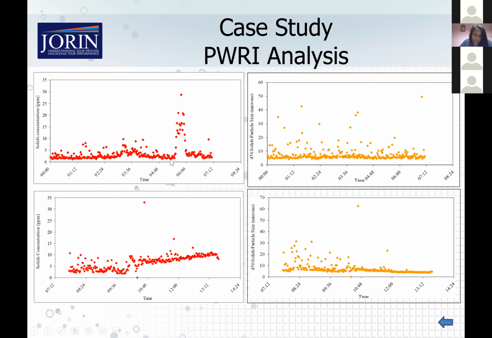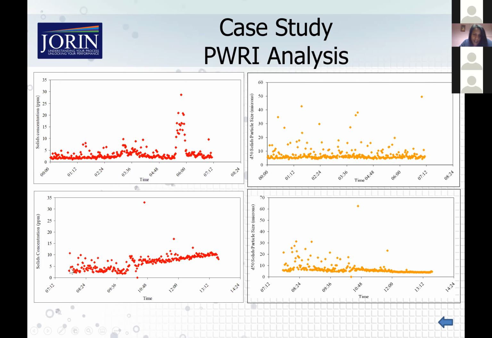The backflushing is going to help the desander continue to operate how it needs to operate. But during that backflush, there is an upset. So there's about an hour or so where concentrations increase, and then it takes up to an hour just to come back down to where it needs to be again, below 5 ppm.